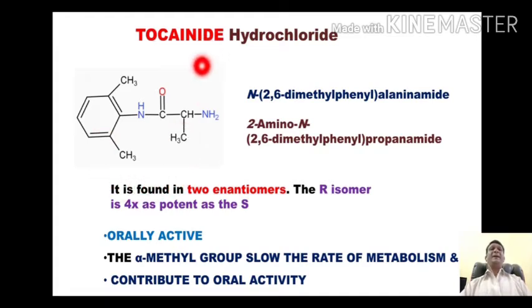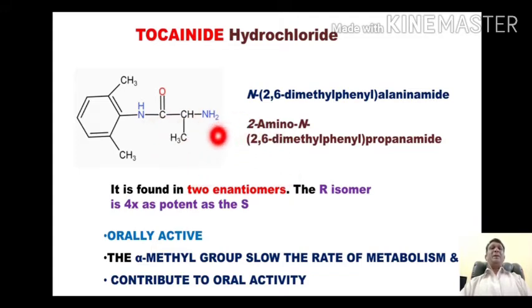Once again, it's an amide, and here the basic moiety is a 3 carbon chain with a nitrogen. So it is an amide having the name propanamide because there is a 3 carbon chain, 1, 2 and 3 along with this nitrogen. It is called an amide because here is a CO group attached with an NH.